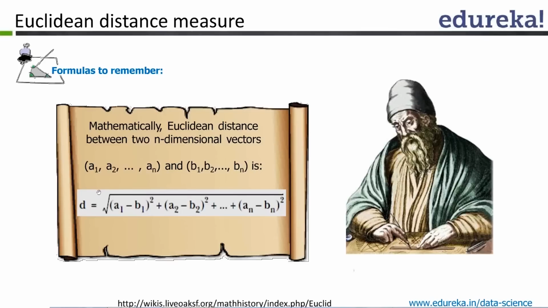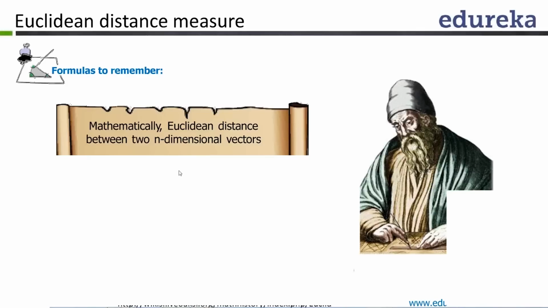In a 3-dimensional space I have three coordinates, and similarly in an n-dimensional space I'll have n coordinates. a1 to an is one point, and the second point is b1 to bn. The distance between the two is computed this way: you take the difference between each coordinate, square it, sum, and then take a square root. That's your Euclidean distance.